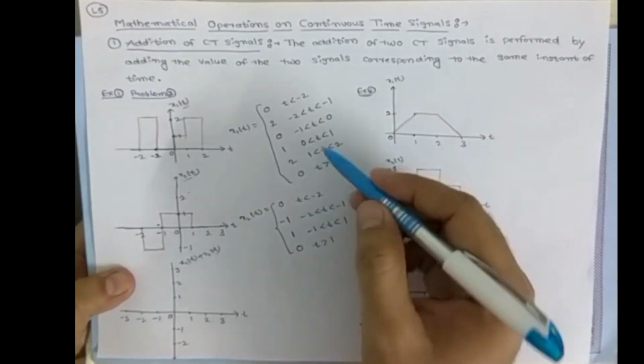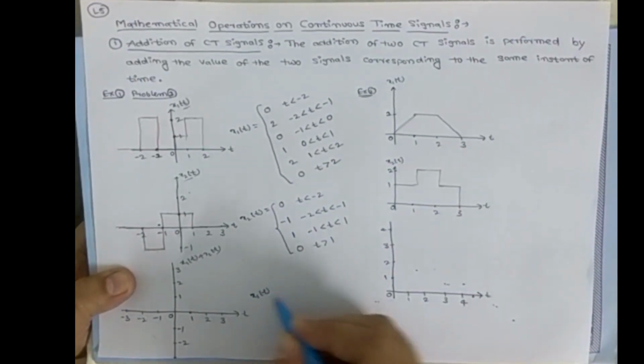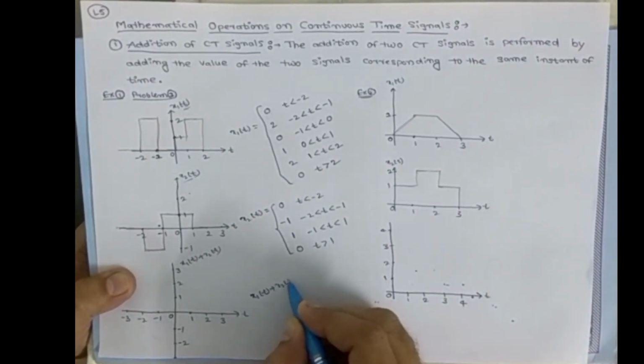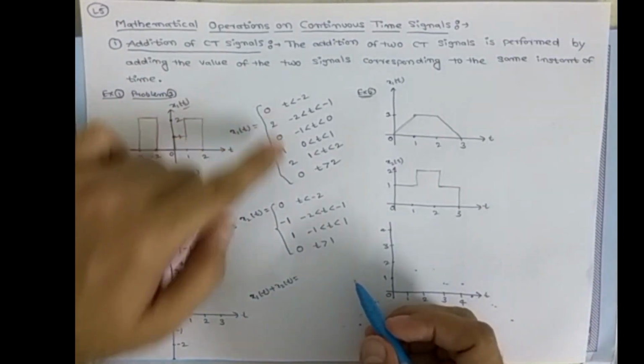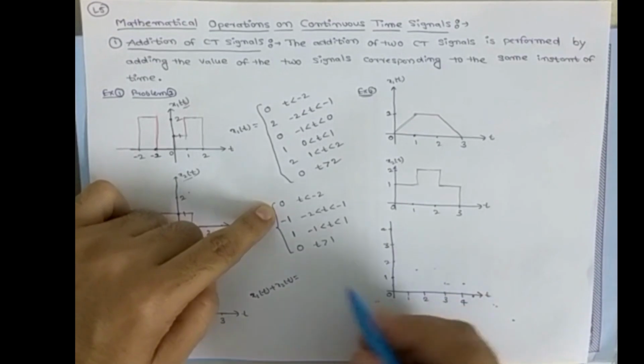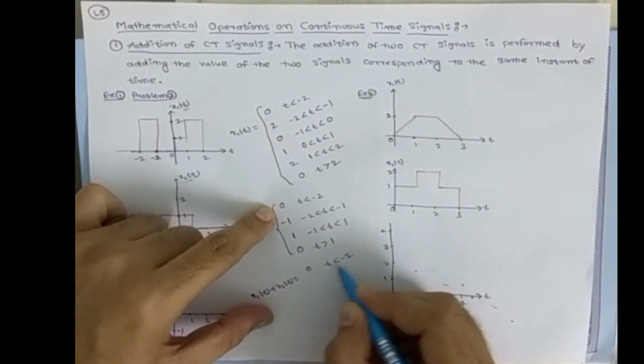Now we need to add these two signals. x1 of t plus x2 of t is 0 for t less than minus 2.